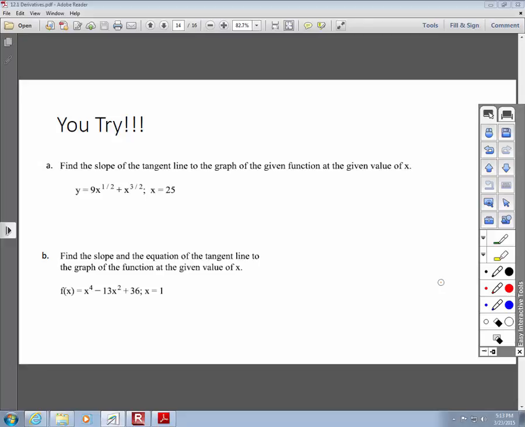If you do all that calculation right, 1 minus 13 is negative 12, and negative 12 plus 36 is going to be 24. So there is my y1. To find your y1, you just plug the x value they give you, 1, back into the original function.